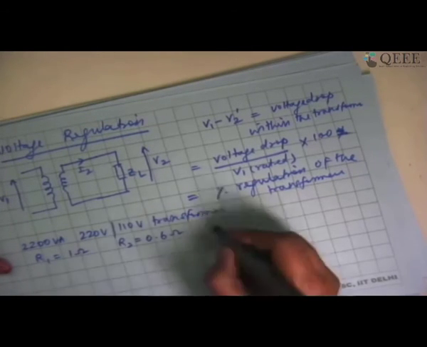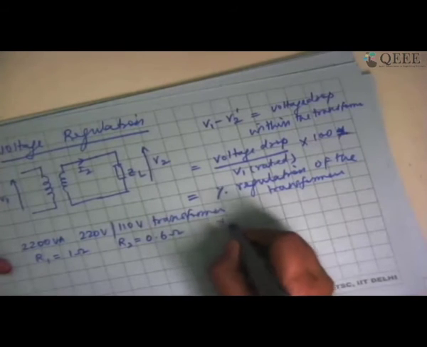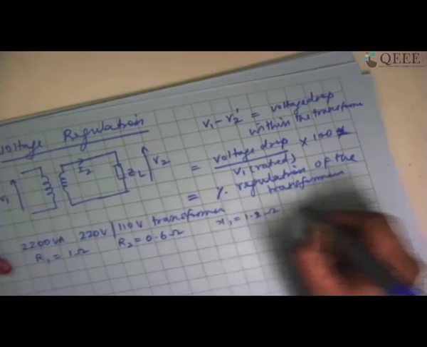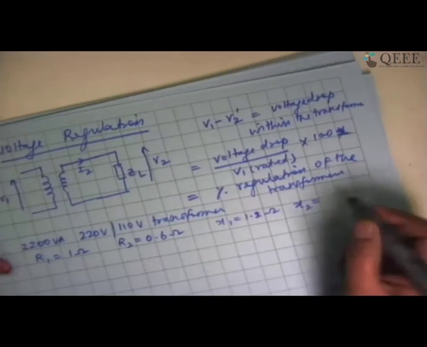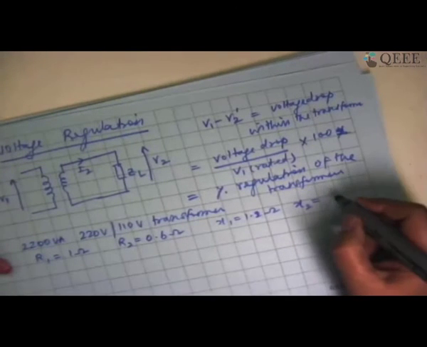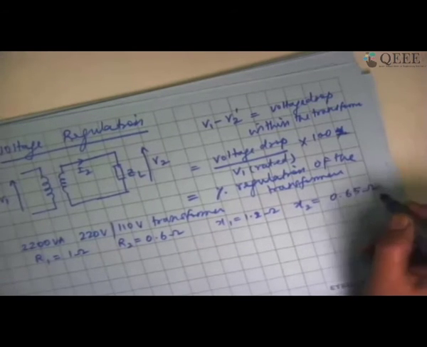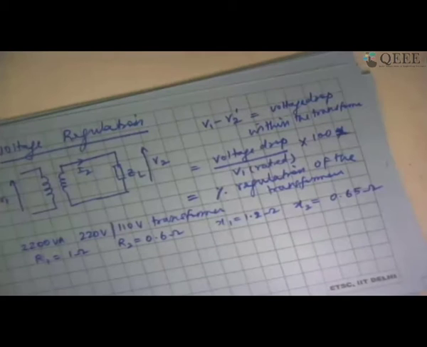I'm just taking arbitrarily some values. X1, let us say, is 1.2 ohm and X2 is probably 0.65 ohm. Okay, so I'm just taking some values arbitrarily.